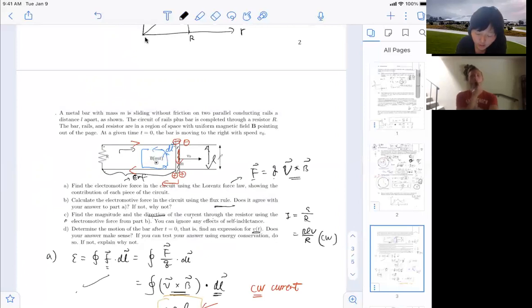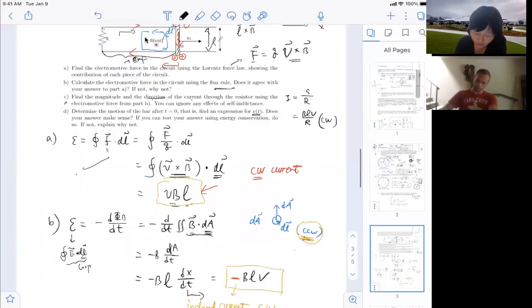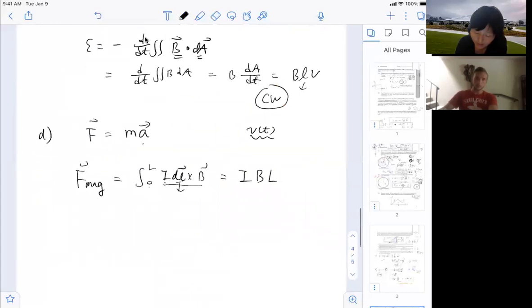So dl cross B is pointing to the left, right? If this is your positive x hat, then your force would be in the negative x hat direction.